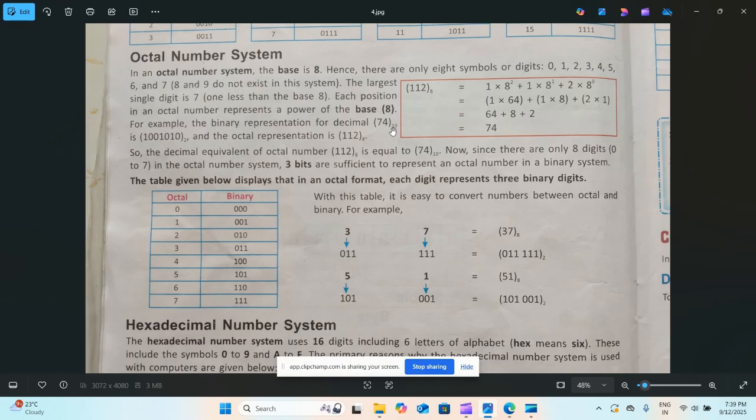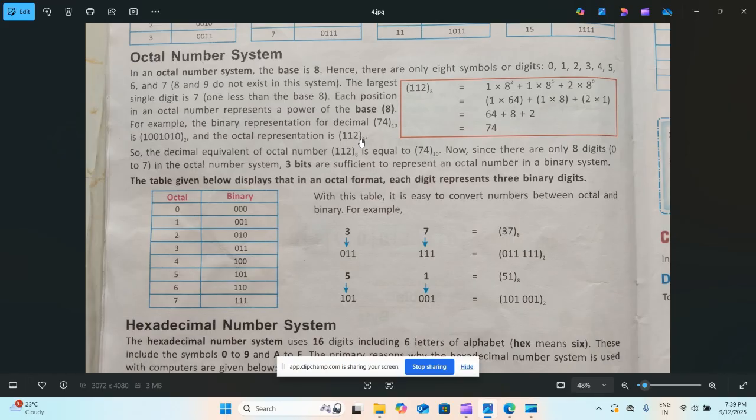Whenever you represent any number, you write the base at the bottom of the closing brace. So here 10 is written, so you can understand this is a decimal number. 2 is written here, so this is a binary number, and 8 is written here, so this is not a decimal, though it looks like a decimal, but this is an octal number because its base is 8.